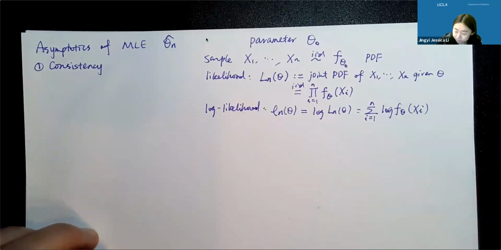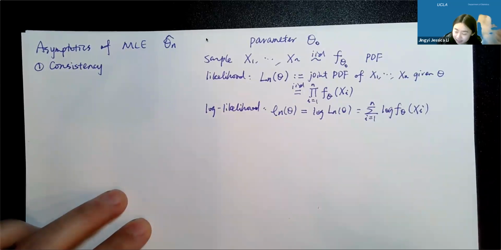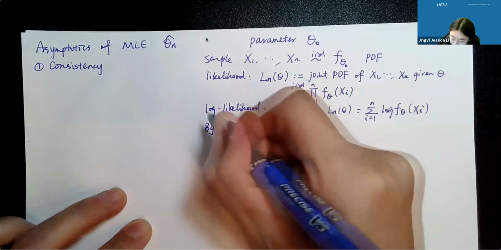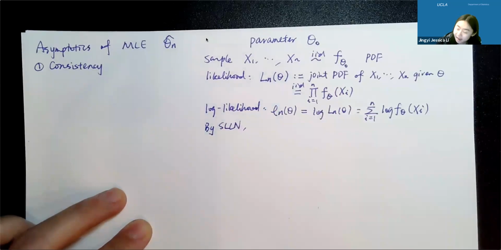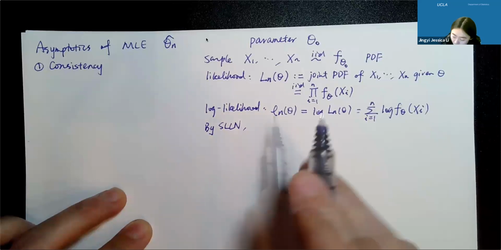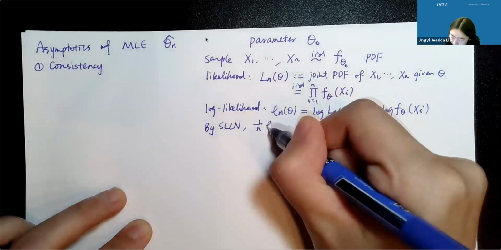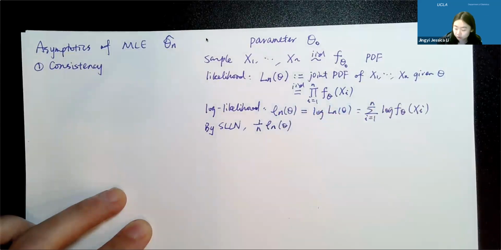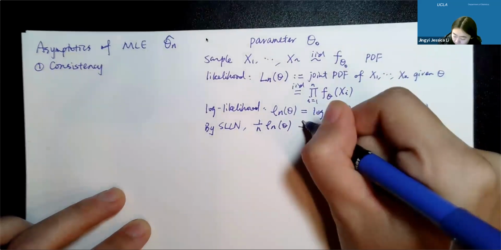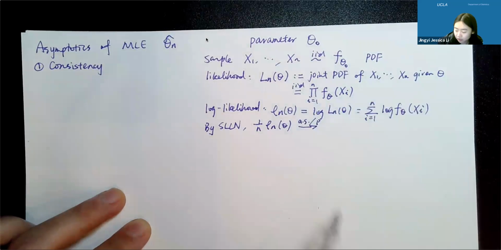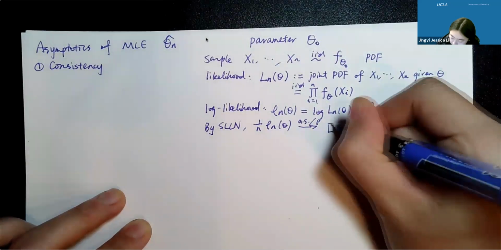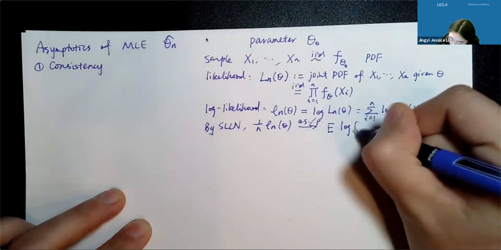So by the strong law of large numbers, if I divide this log likelihood by n, 1 over n ln theta, this will converge, almost surely or in probability, both will work, to the expectation of one term, the expectation of log f theta xi.